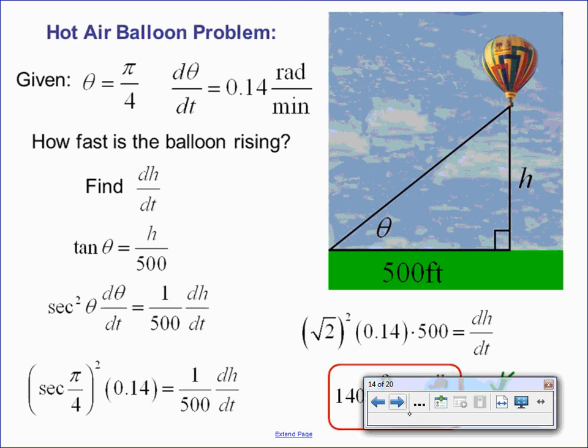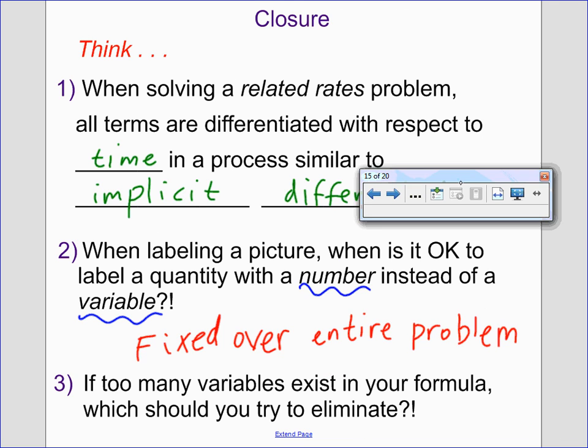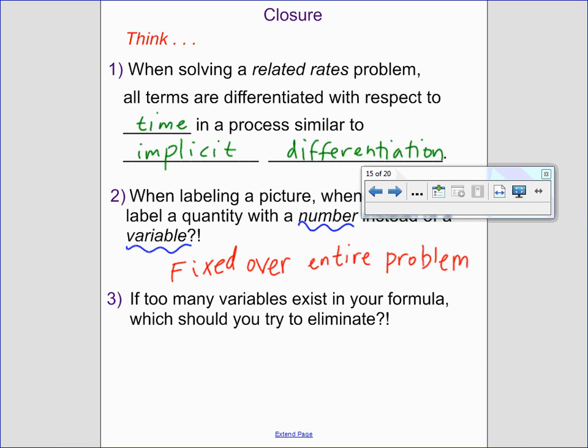We can eliminate those quantities that are not in my known rate or the rate I'm trying to find. So the ones that are not in your known and unknown rates, that you wrote down at the beginning.